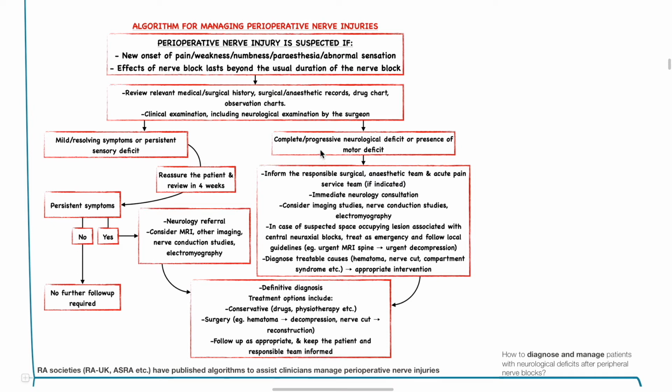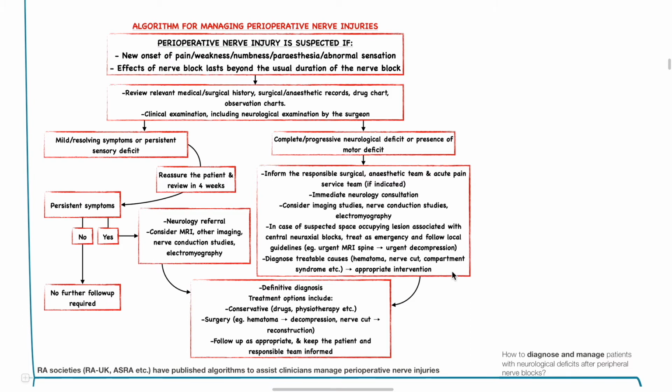If there are complete or progressive neurological deficit or presence of motor deficit, inform the responsible surgical, anesthetic team, and acute pain service team if indicated. Immediate neurology consultation. Consider imaging studies, nerve conduction studies, and electromyography. In case of suspected space-occupying lesion associated with central neuraxial blocks, treat as emergency and follow local guidelines.